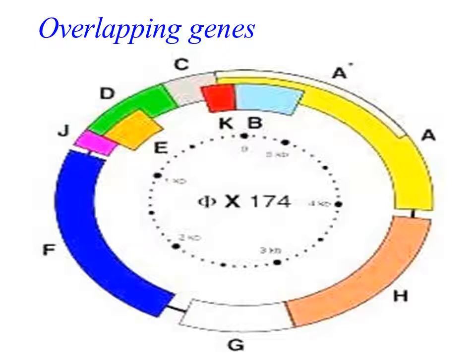In this picture, you can see the overlapping of cistron E with cistron D. And one more overlapping we can find here is the B cistron overlapping with A cistron.